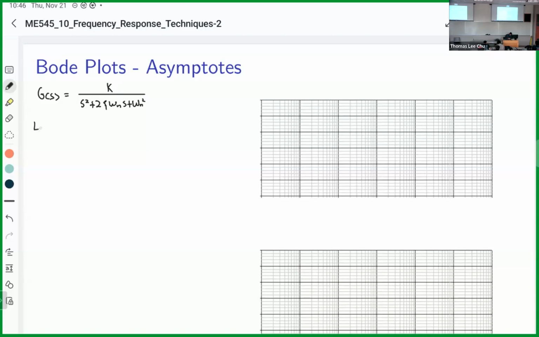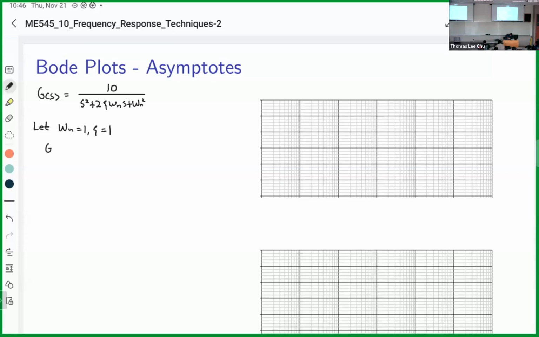So let's let K equal 10, and omega n equal to 1. Zeta is equal to 1. This is a critically damped system because zeta is equal to 1, meaning we have 2 real repeated poles.